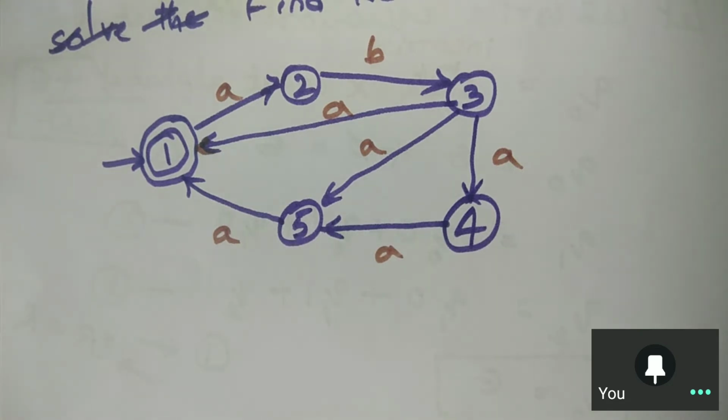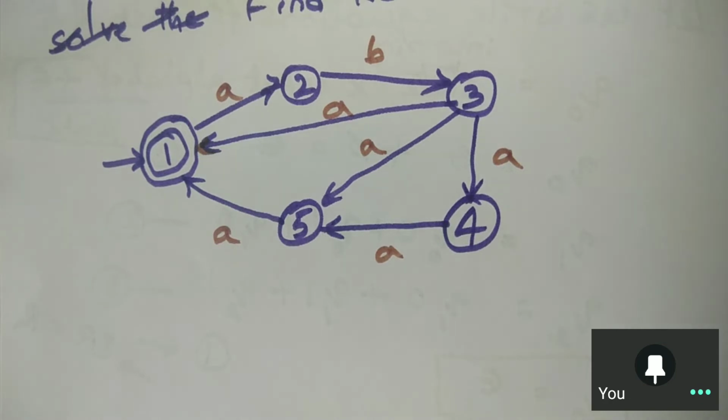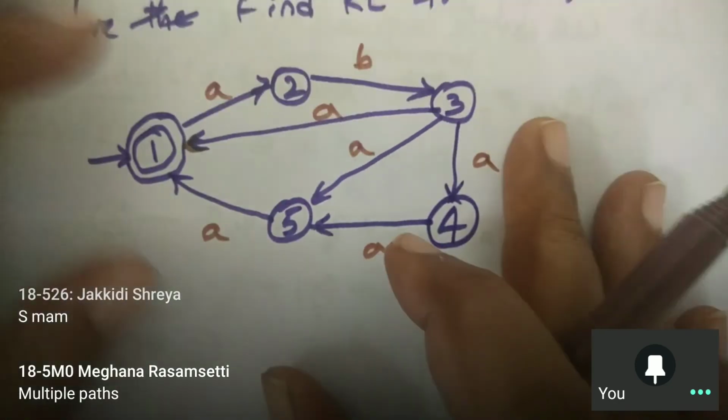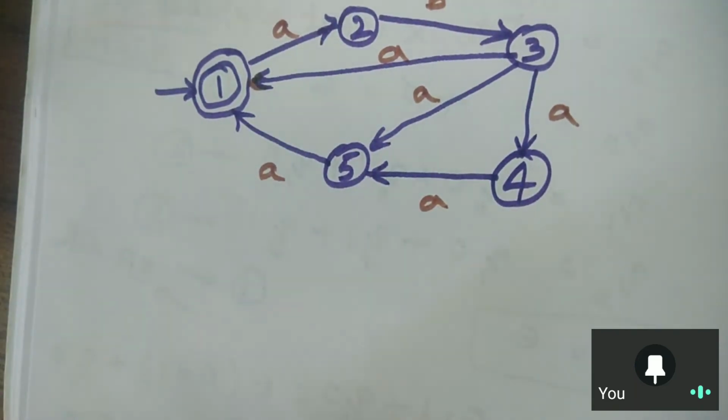So to three different states it is transitioning. It is transitioning to 1, it is transitioning to 5, it is transitioning to 4. So 3 paths it has. So it is an NFA, not a DFA. Very good. So now if you tell me the solution, I will do it. This I am not going to work.